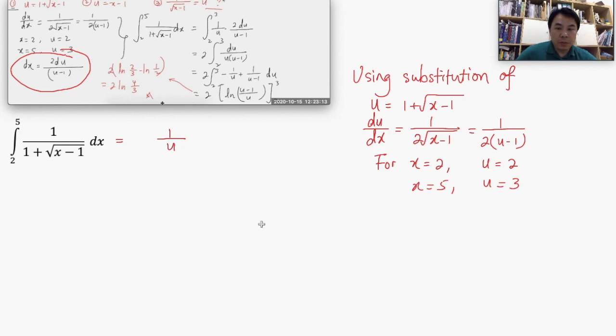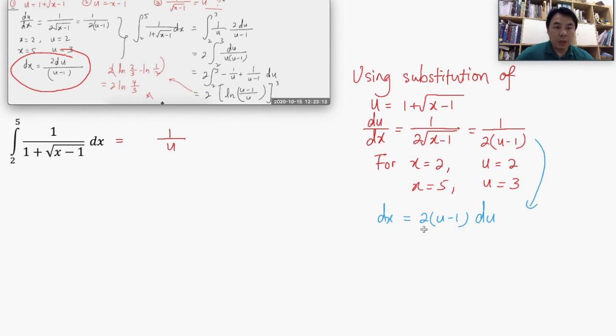Let me specify the error one more time. I should be writing dx as my subject. So if I write it down correctly, it should be dx equal to 2 times u minus 1 du, instead of dx equal to 2 du over u minus 1. This is where the mistake is located. I hope that is clear.